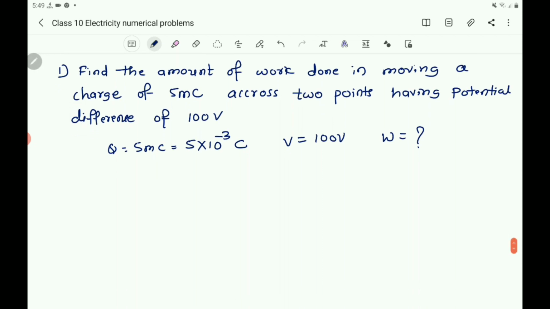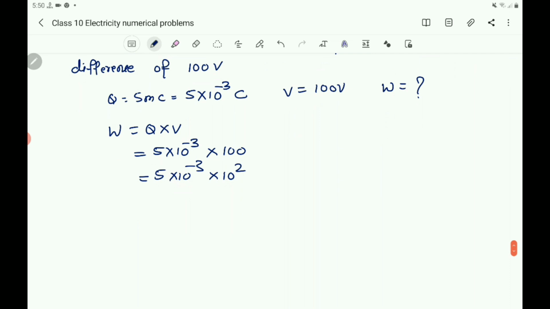Then what is the relation among these three, W, Q and V? W is equal to Q into V. Then Q is 5 into 10 power minus 3 into 100. 100 means 10 power 2. That equals 5 into 10 power minus 3 plus 2.